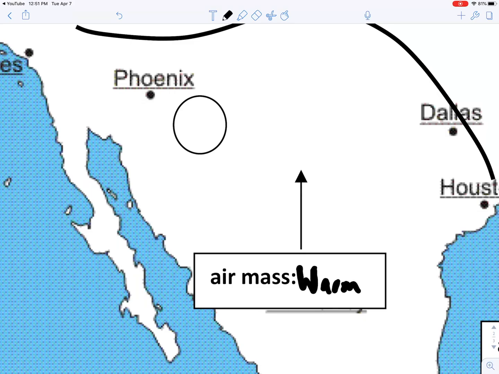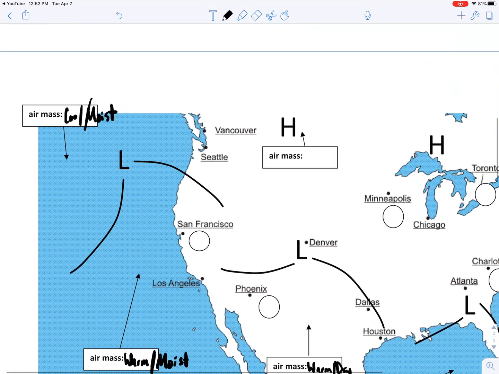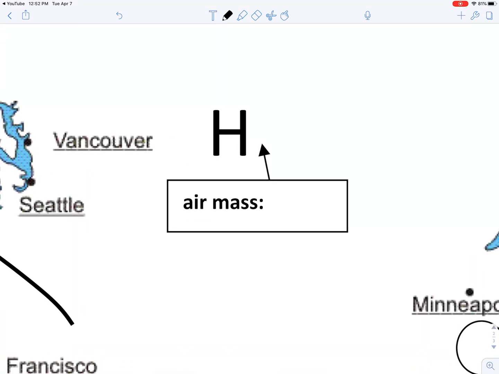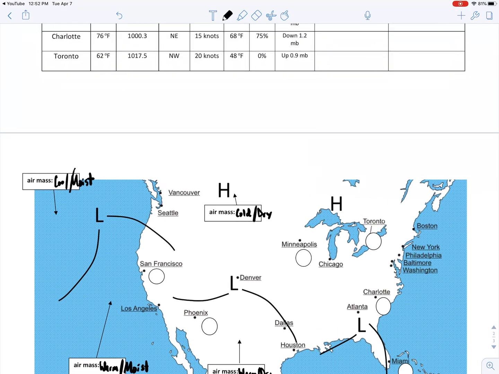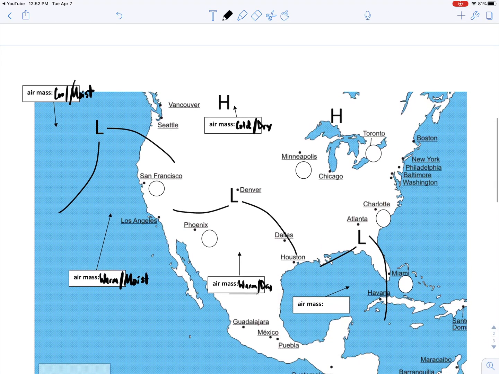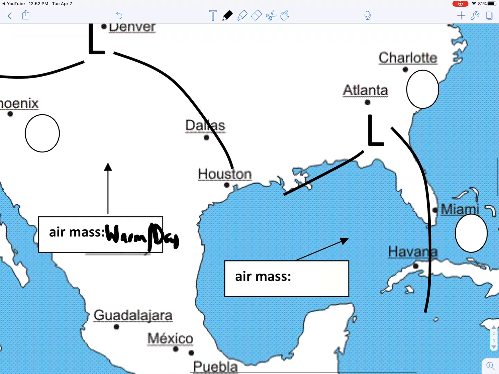Now, down here, northern Mexico, South Texas, we're absolutely going to have another warm air mass here, but this time going to be dry. It's continental air. Up here over Canada, we're going to have a cold air mass, and this is going to be also dry because it's continental air. It's over a continent instead of a big giant body of water, so we're going to have cold, dry air.